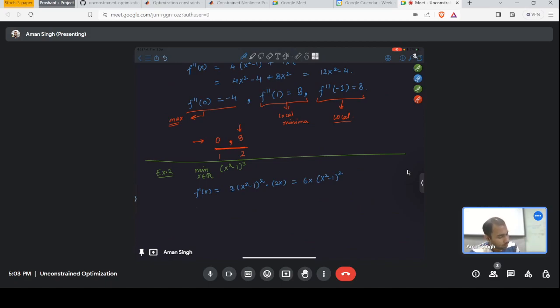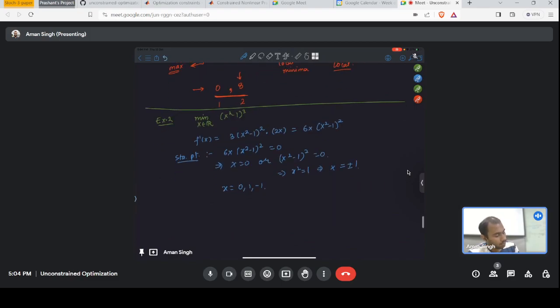Where is it 0? Let's find the stationary points. 6x(x square minus 1) whole square equal to 0 implies x equal to 0, or x square minus 1 whole square equal to 0, implies x square is 1, so x is plus minus 1. So the stationary points are 0, 1 and minus 1.